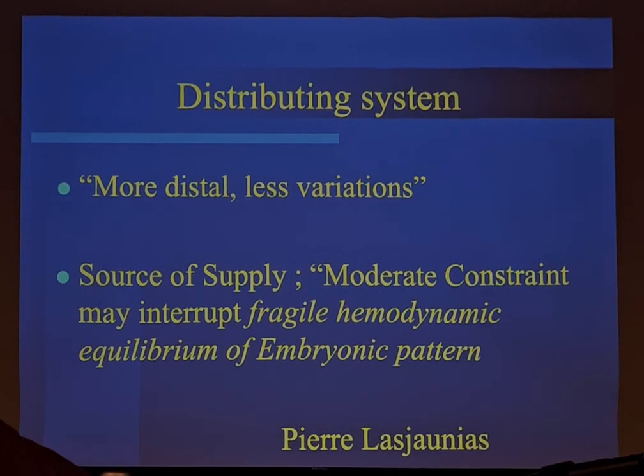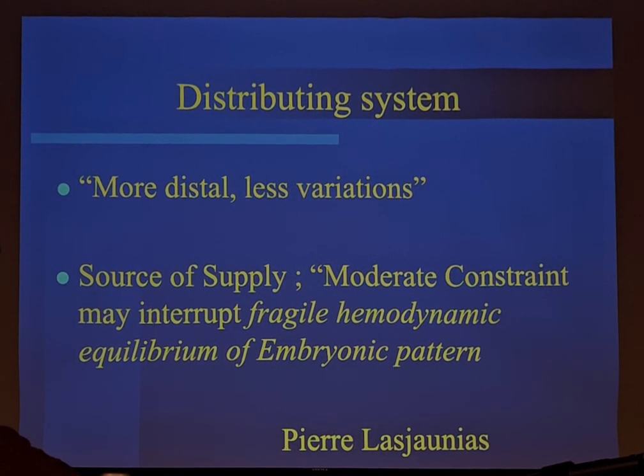As Pierre mentioned in his book, second edition, the more distal, the fewer the variations. If you look distally, close to the target, variations are fewer. However, for source supply, which is more proximal, just like we discussed in internal carotid artery development with 7 different segments, you have more variations, so-called normal variations.